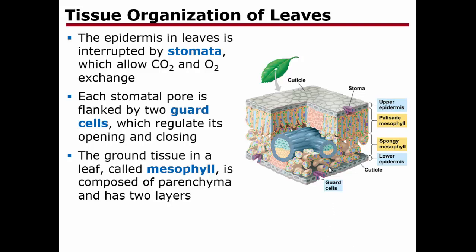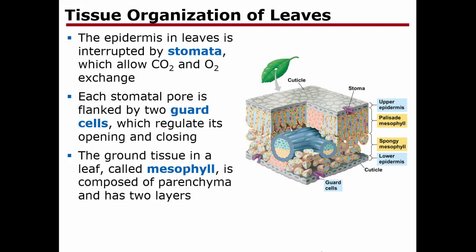Notice how in the spongy layer there's a lot of space in between different cells. So it's easy to remember that this layer is called the spongy layer because of all the holes and the sponge-like appearance. Now the space in between the cells allows for a lot of area in which gas can be exchanged.